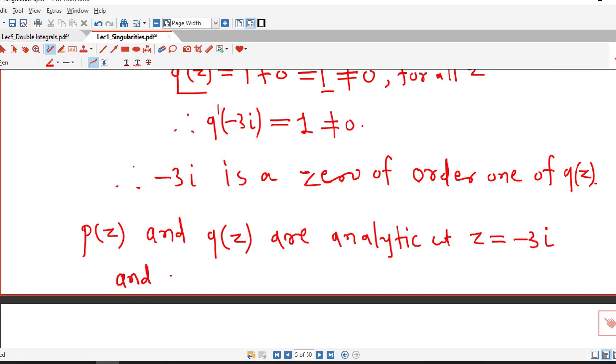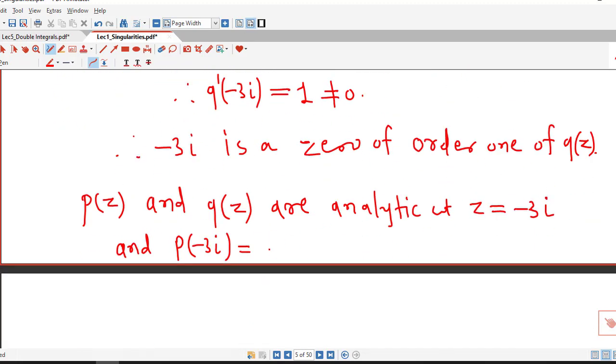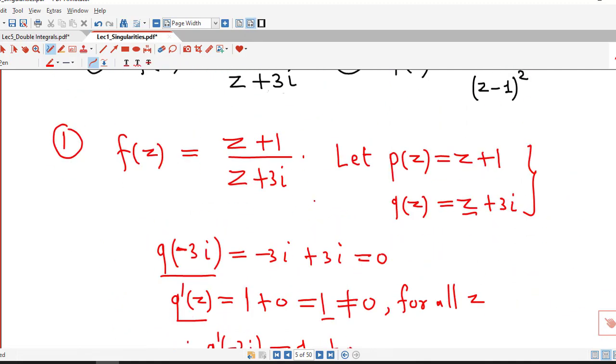And of course we have to check whether the value of function p at minus 3i is non-zero or not. So p of z is z plus 1. So p of minus 3i is minus 3i plus 1, which is different from 0. So now both the conditions are satisfied.